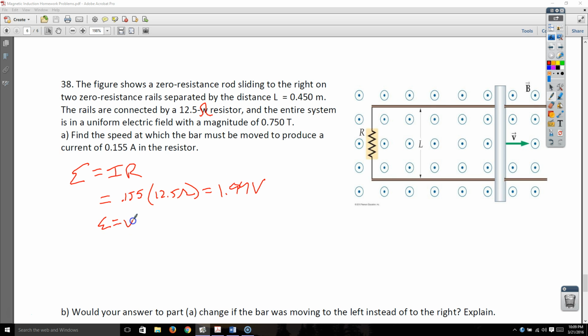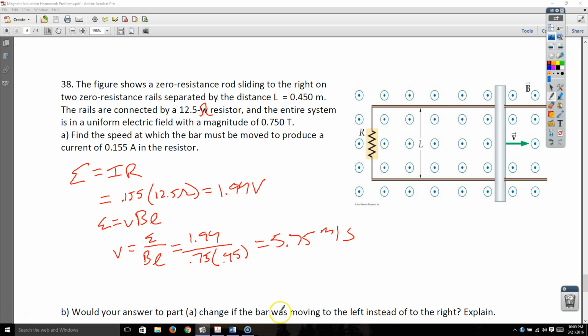E is equal to V times B times L, and we can solve for V, which is the velocity, and that's equal to E over B times L. Our E here is 1.94 volts. We have a 0.75 Tesla magnetic field, and then the length of the rod is 0.45 meters. So we end up with 5.75 meters per second.